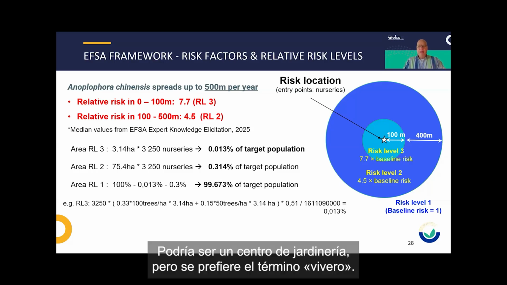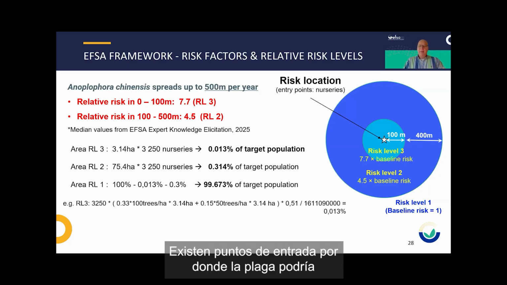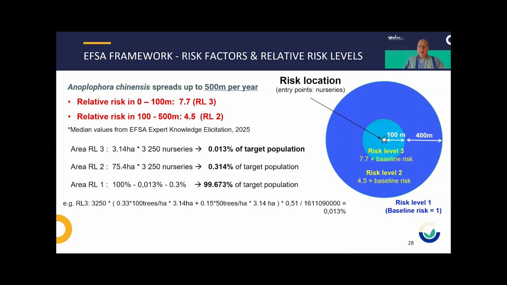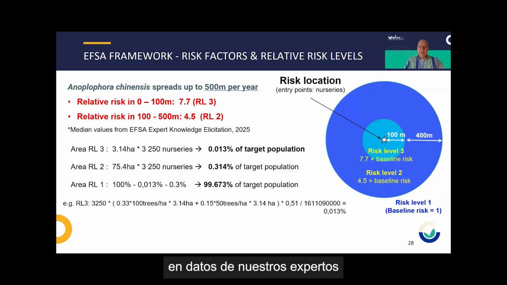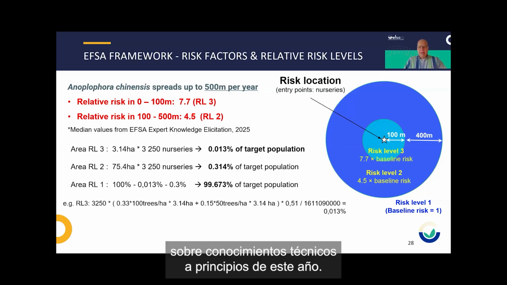Could also be a garden center, but we name it nursery, so the entry points where the pest would enter into Surveyland. And we have, for Anoplophora chinensis, expert elicitation data that were determined in an EFSA expert knowledge elicitation this year, quite new.